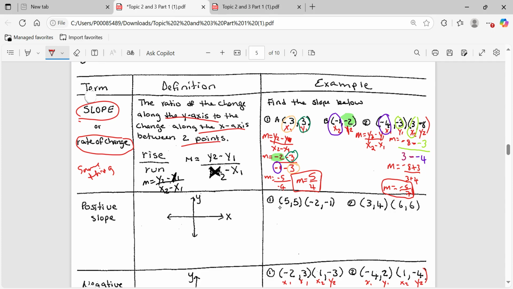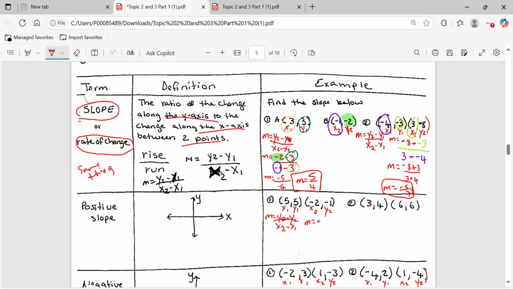All right, so again, for my slope, we're just looking over here. I have 2 points. I'm going to first start off by labeling my x1, y1 for the first point, x2, y2, and then I'm just going to substitute it into my formula for slope. Slope again is equal to y2 minus y1 divided by x2 minus x1. So let's look for y2.